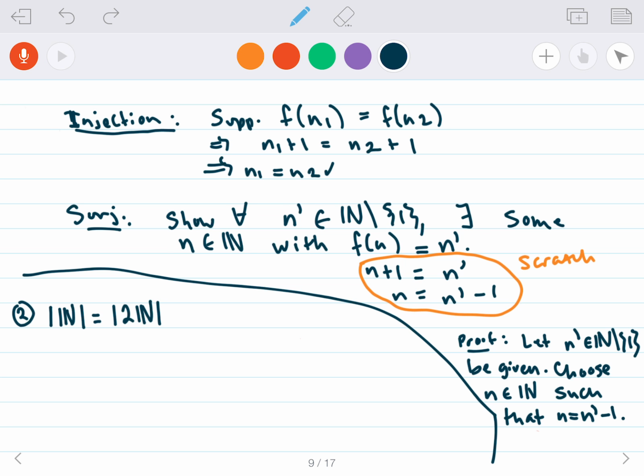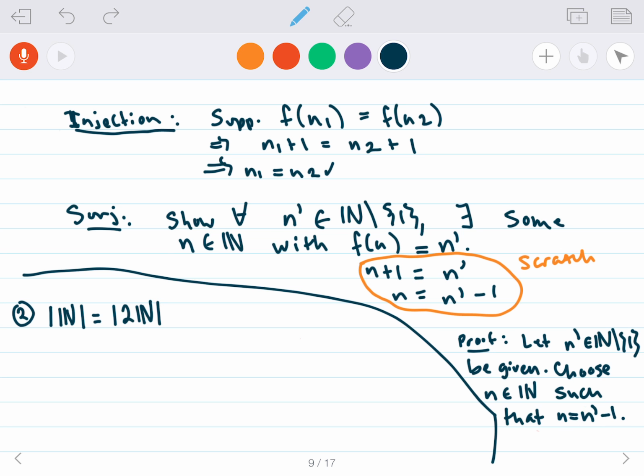Notice that there's no problem here because n prime was in the naturals without 1, so we're never going to have 1 here and get a contradiction. We can't have little n be 0 or something.